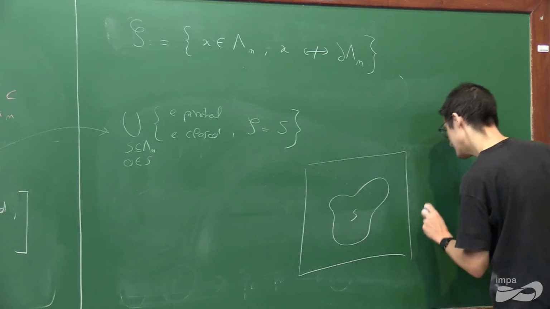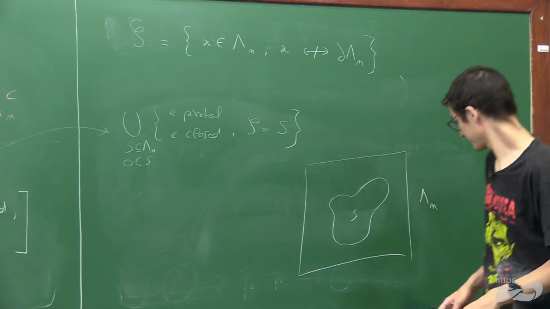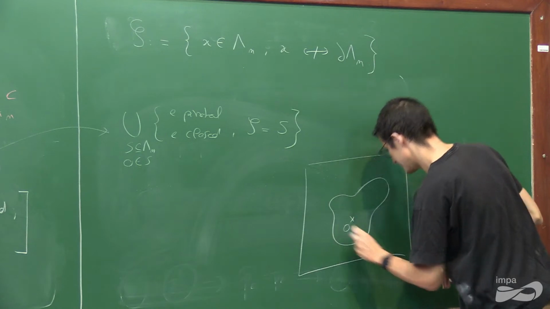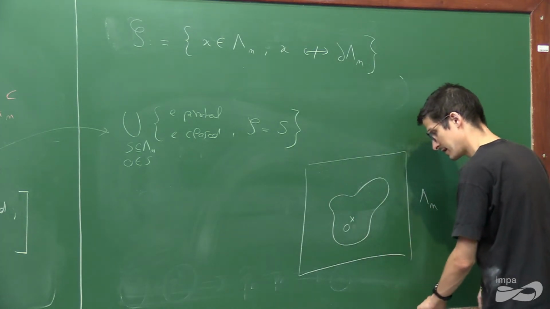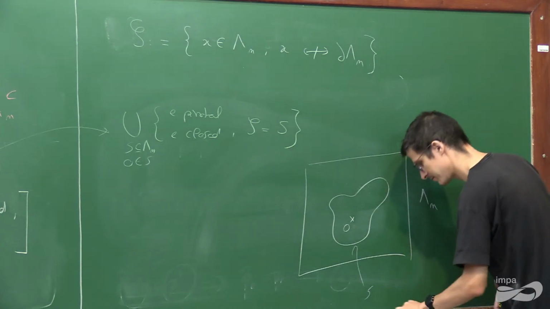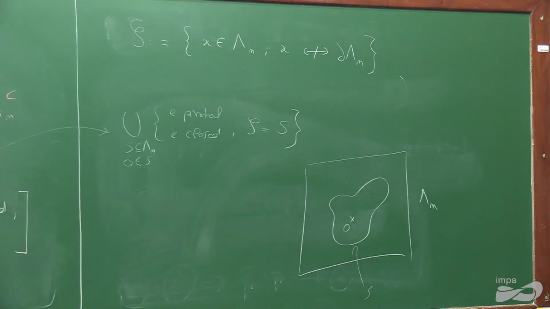So this is S, this is lambda n. Okay. And this is 0. Okay. So now I know that basically, okay.